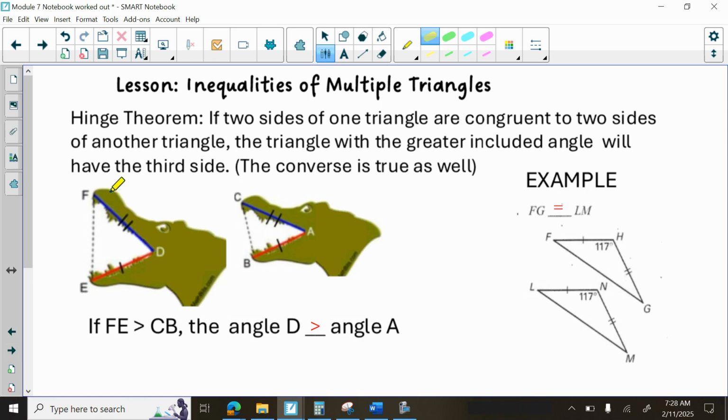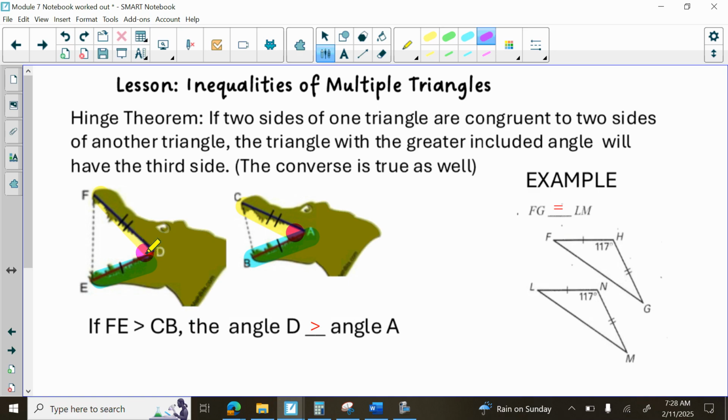If this side is the same measure as this side, and AB is the same measure as ED, but the included angle, the angle in between them, is different on both triangles, it'll affect the opposite side.